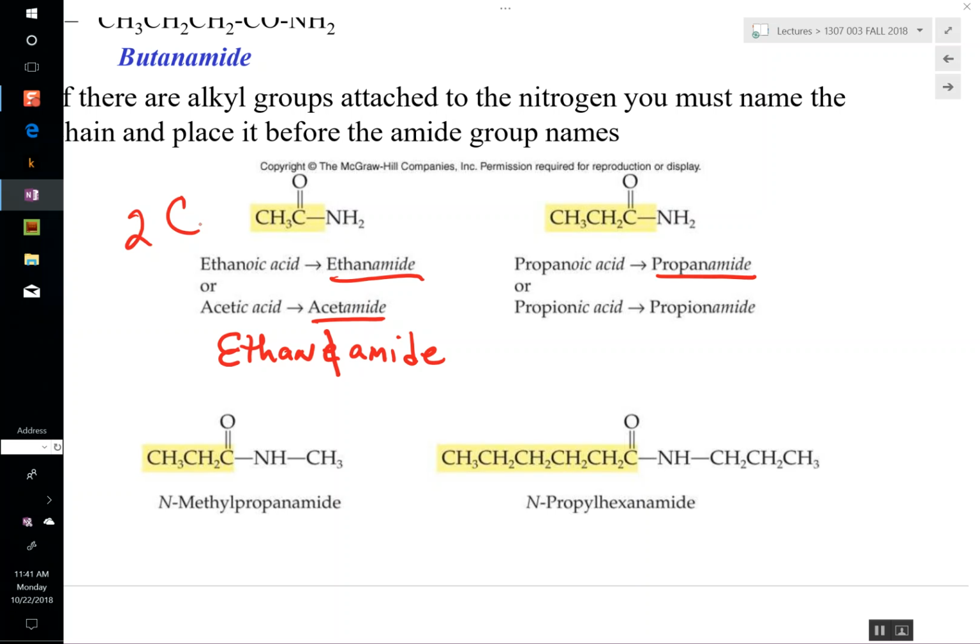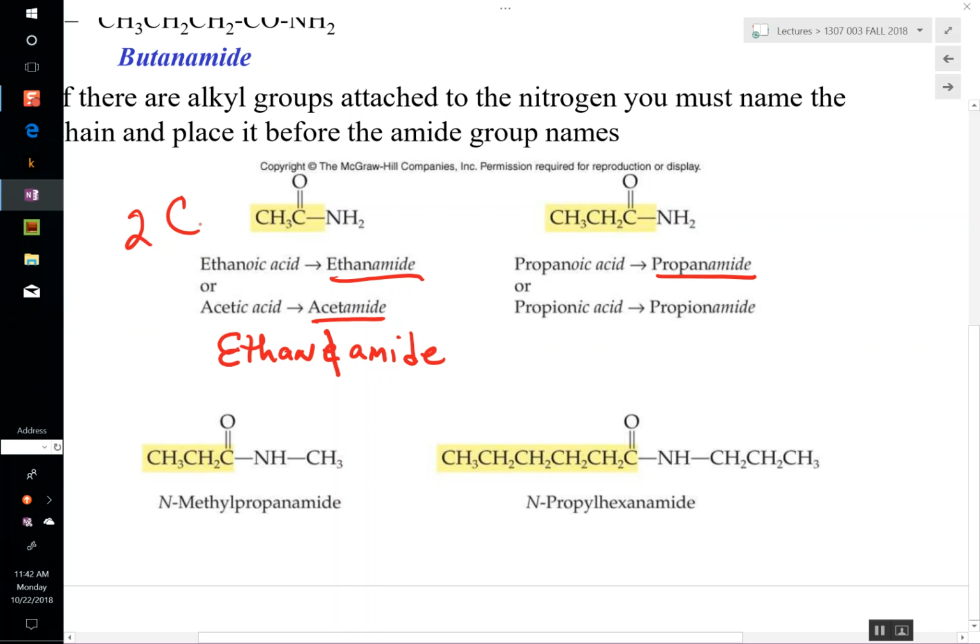You can even carry the N nomenclature in here. You can see this would be propanamide right here, but the nitrogen doesn't have another hydrogen on it, it has a methyl, so it's N-methyl propanamide. See the comparison?